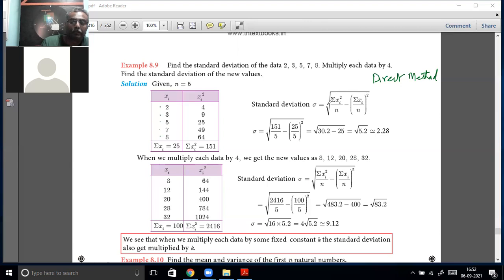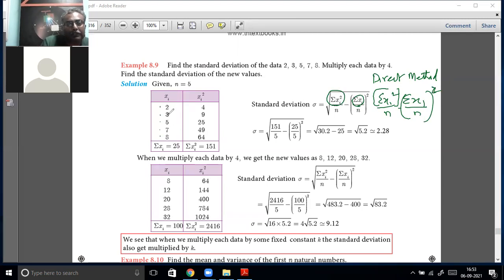This is different. This is sigma x of i. Second one, this is sigma x of i squared. Once you find this value, then you divide by n. Here you divide by n and then you square.